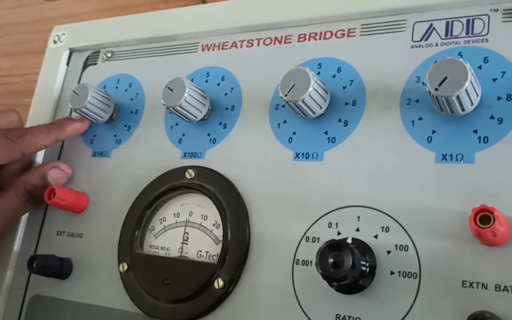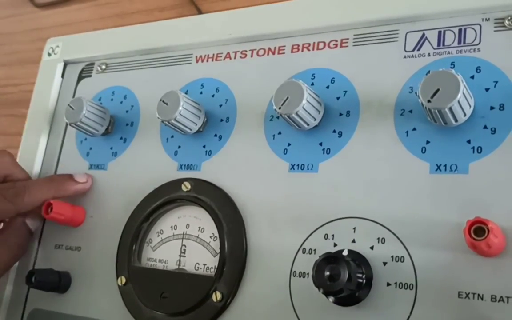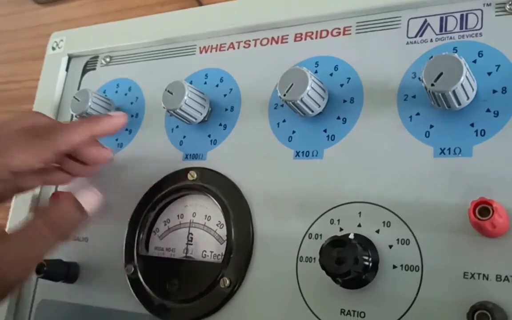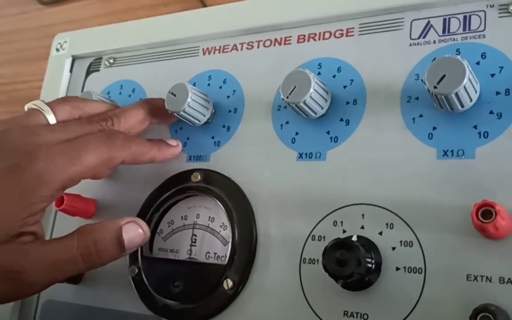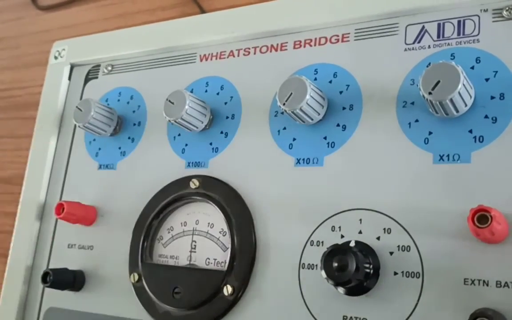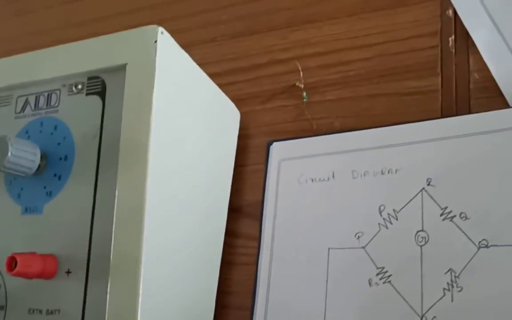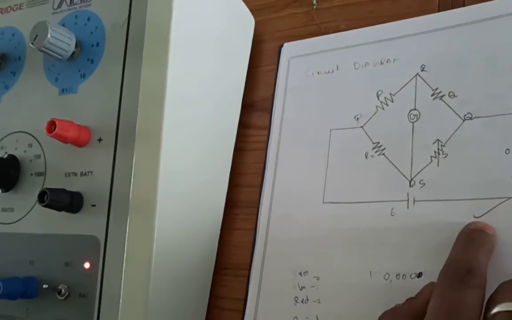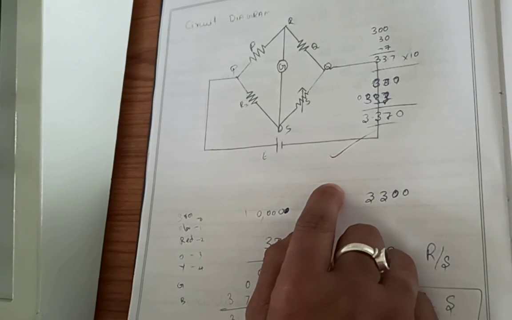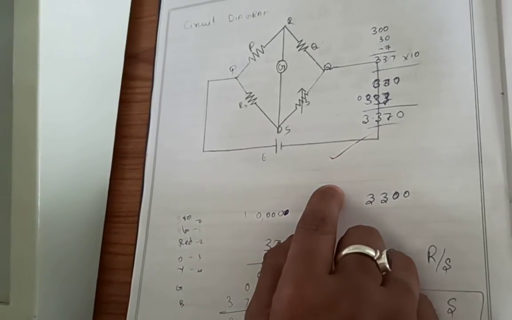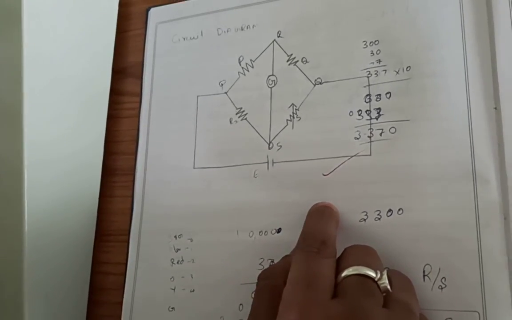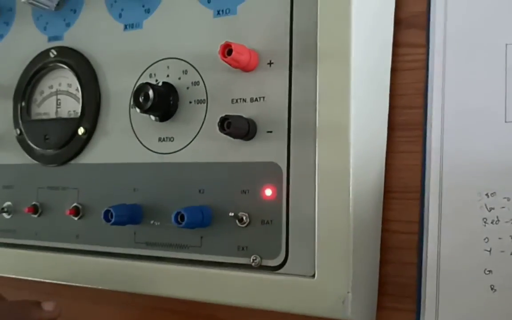Our value here is 3 into 1K, which is 3 kilo ohm, and here 3 into 100, which is 300 ohms. So 3 kilo ohm plus 300 ohm gives 3300 ohm, which is 3.3K. This is the S value that has to be multiplied with the P by Q ratio, which here is 1.